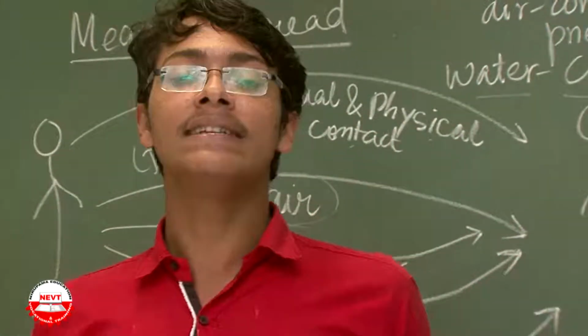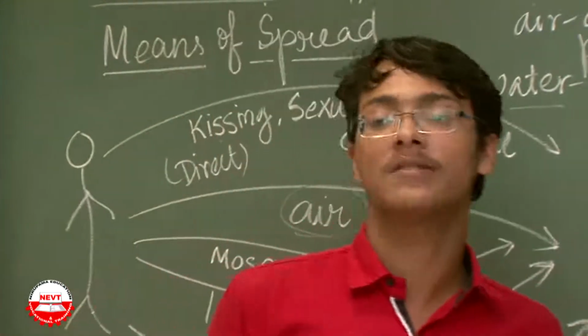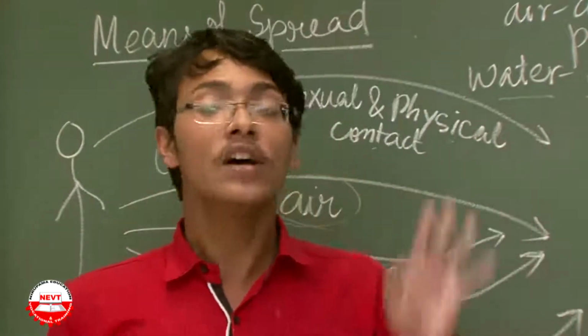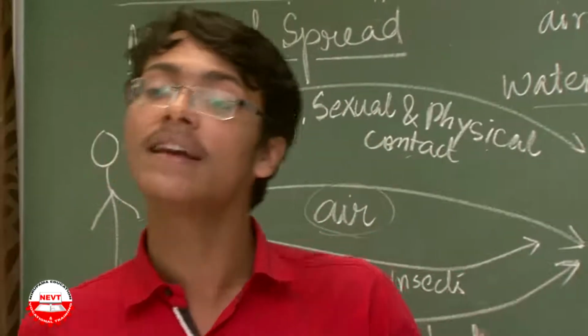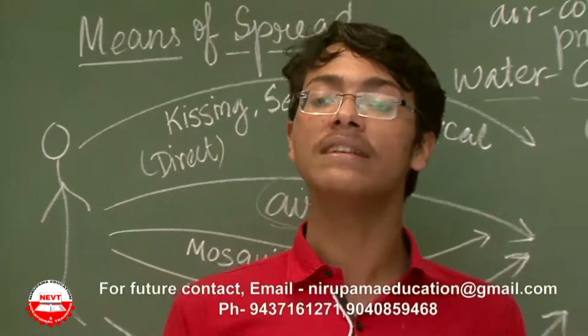So blood is a very big source for the transmission of AIDS. So sexual contact, kissing and physical contact like handshakes can be a source for transfer of disease.